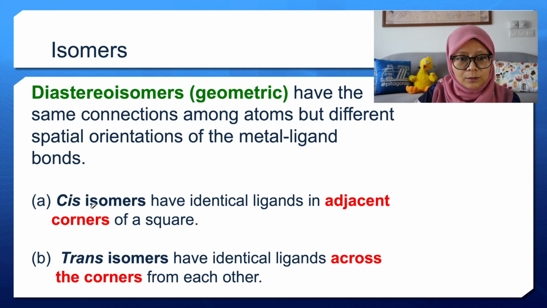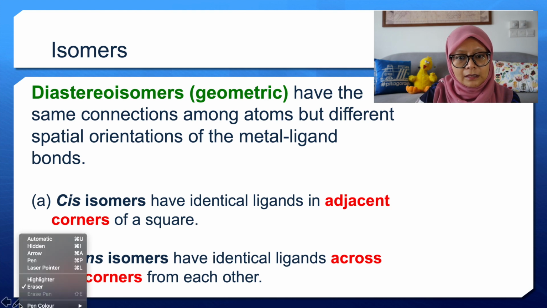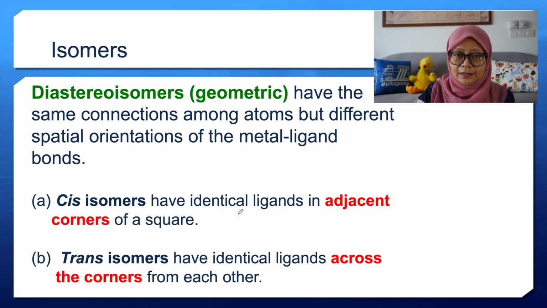The cis isomers have identical ligands in adjacent corners of a square, and the trans isomers have identical ligands across the corners from each other. So for the cis, they have similar or identical ligands at the same site, while for the trans isomers, they have identical or similar ligands opposite to each other.